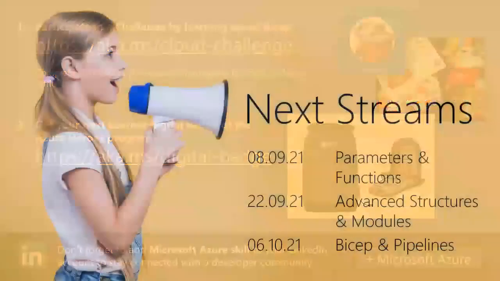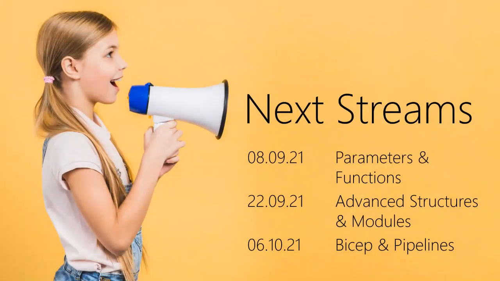All right, and then finally, just some information for our next streams. This was the first one today, the introduction to Bicep. In the next streams we'll focus on more specific features. On September 8th, we'll focus on everything parameters, variables, functions, so that you can learn how this works in Bicep.